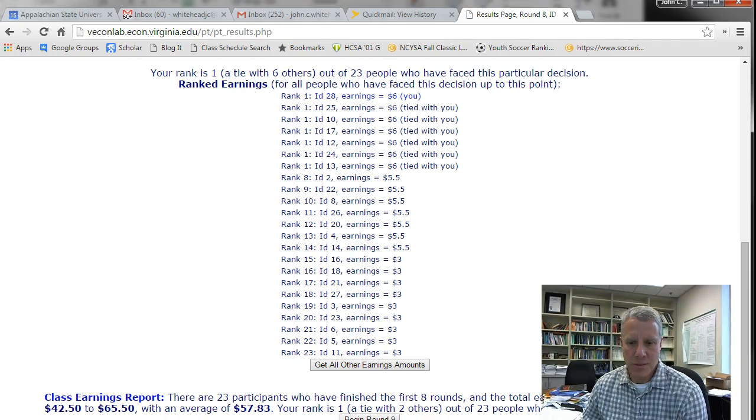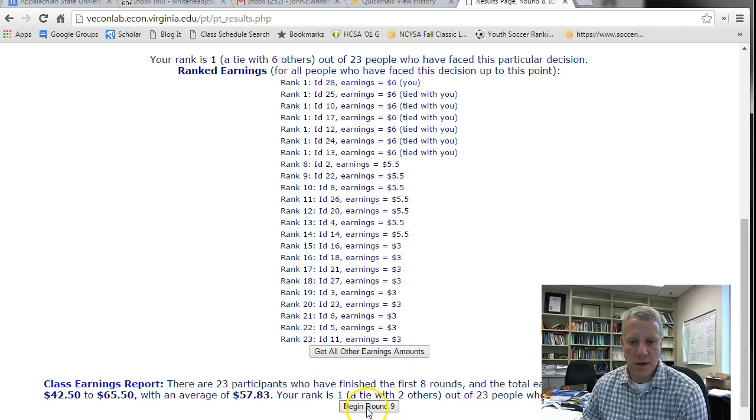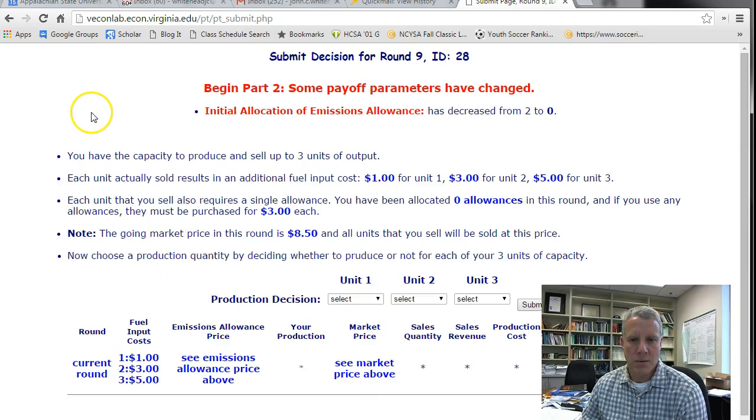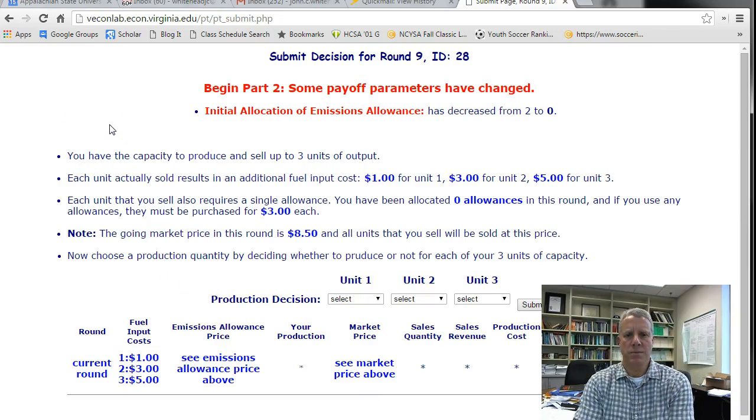So now I'm going to go ahead and begin round 9 when things change. So part 2 of this experiment, some payoff parameters have changed. The initial allocation of emissions allowance has decreased from 2 to 0.